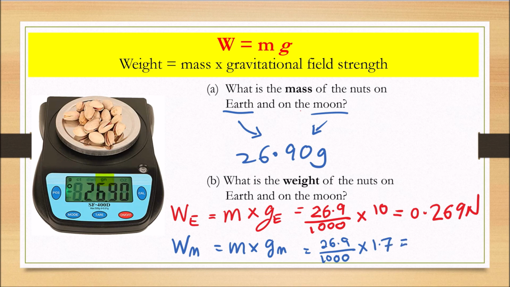So times 1.7, and then you will get 0.0269 times 1.7, 0.04573. So I'll write 0.0457. I stop here because I can only give my answer to 3 significant figures. There's a 3 behind in your calculator reading, but I must give my answer to only 3 SF. So I'm quite happy to just give my answer like that.